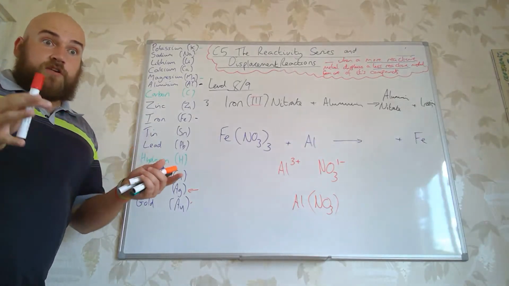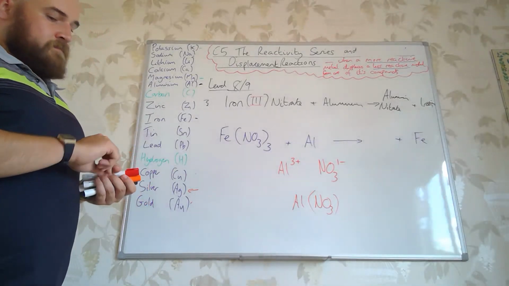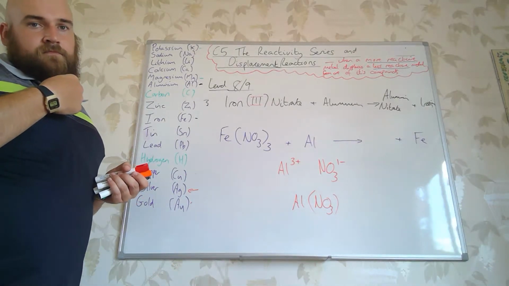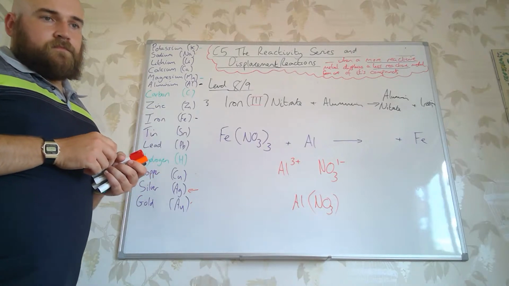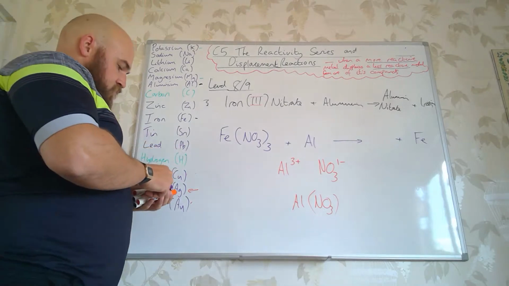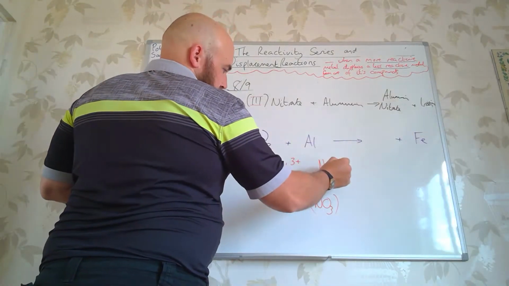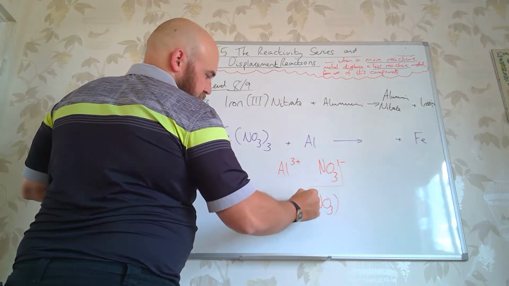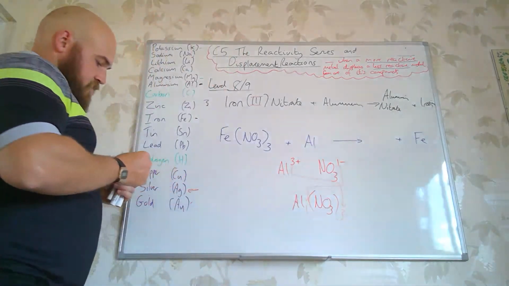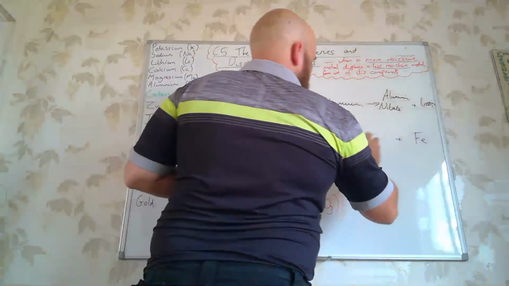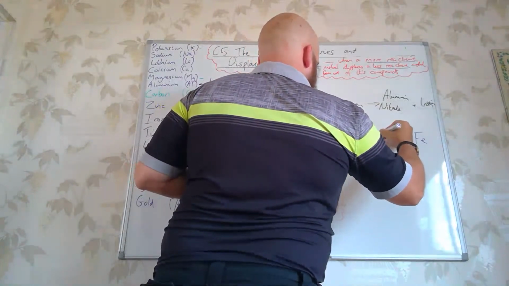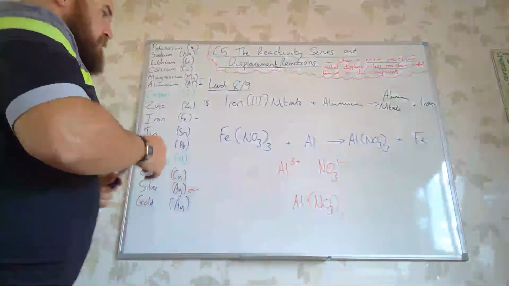Swap the numbers over. Do the crisscross method. And we've got, yep, well done. So that number, which is a 1, ignore the minus, goes there. And that number, which is a 3, goes there. We end up with Al(NO3)3.